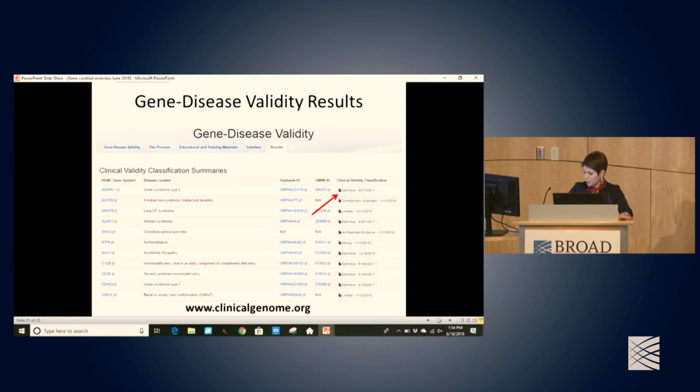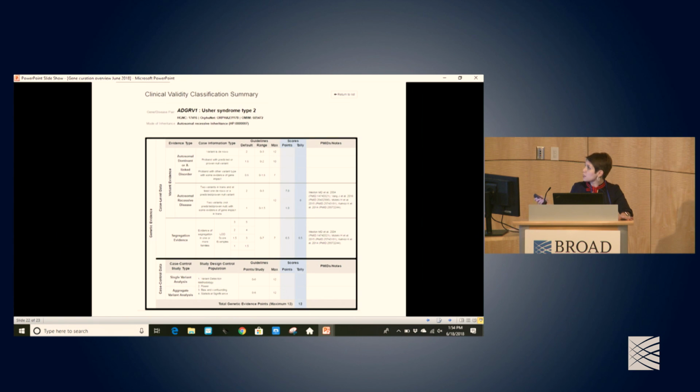And if you were to click on that, you would see a summary matrix filled in with the various PubMed IDs that were used to back up each piece of evidence and how each thing was scored. And you can also see the ultimate classification. And coming soon, we will have a more detailed view of this information with more text explaining exactly what from each publication made us score something a certain way.